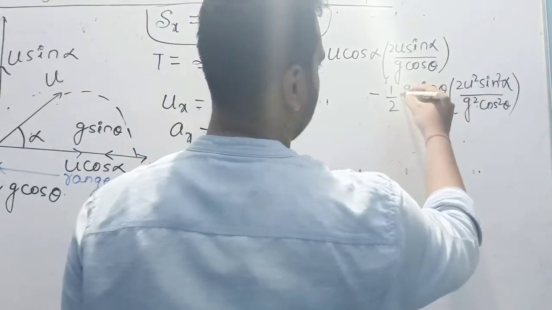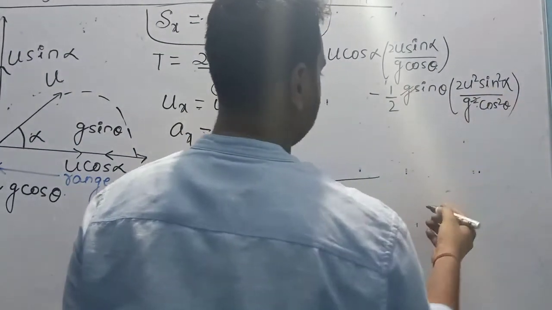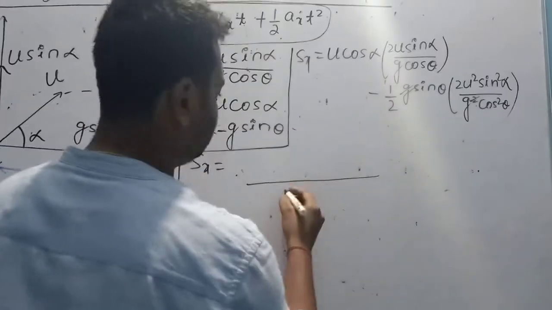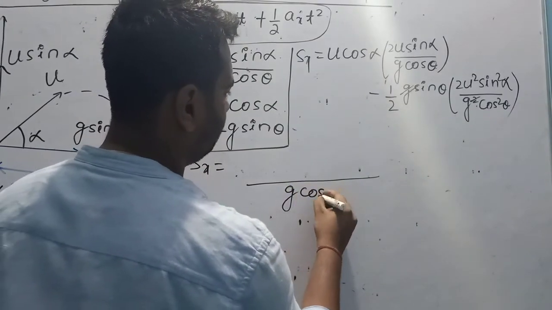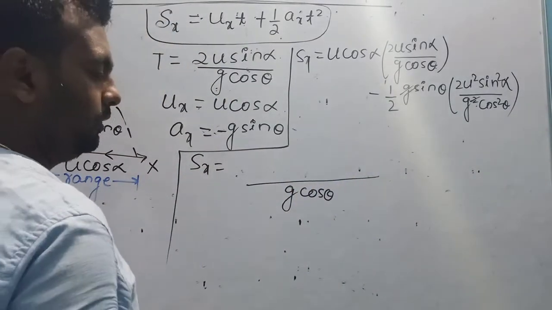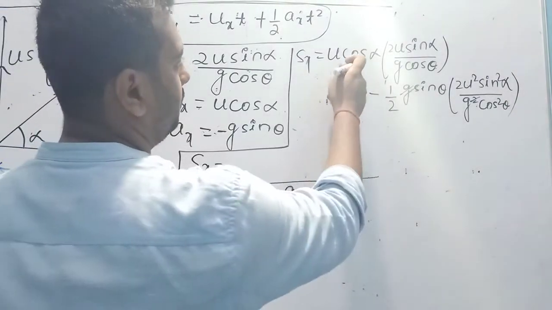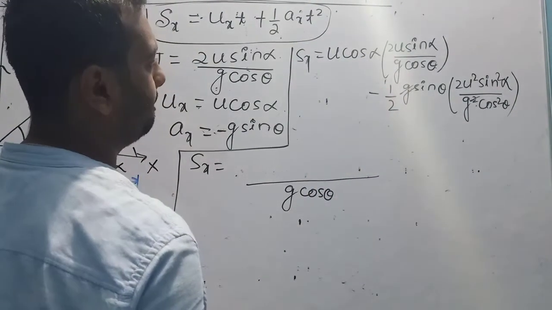So the LCM will be g cos square theta. One g will be cancelled out from here, g cos theta and g cos theta.